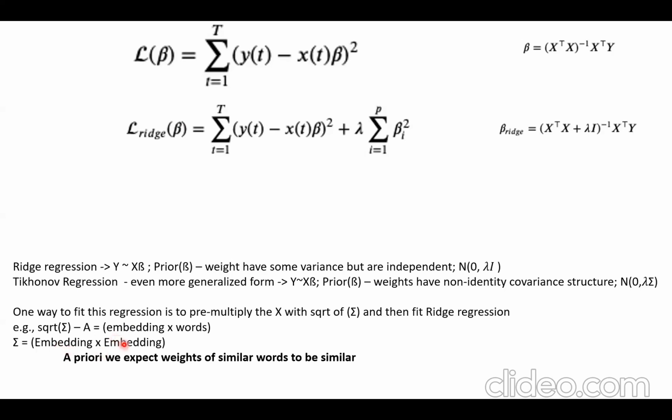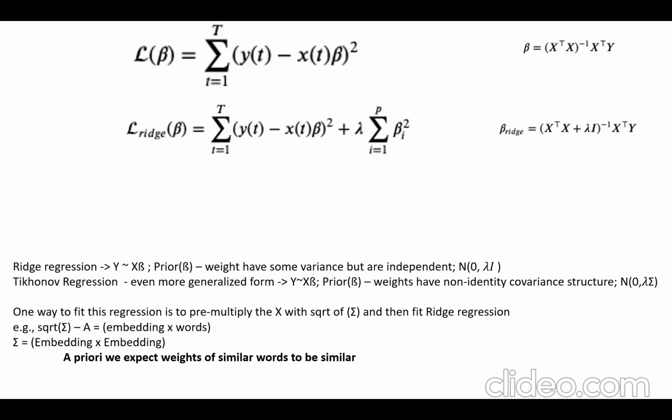You pre-multiply your words by the matrix that is the square root of the covariance matrix, which transforms the words. So if I have word onsets, it transforms them into the embeddings, and now I have the onsets for the embedding vectors.